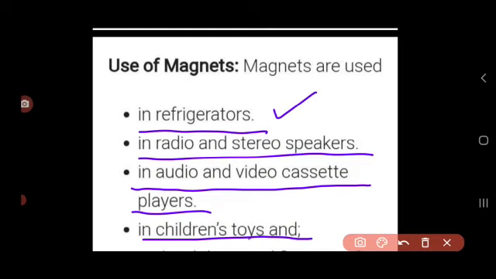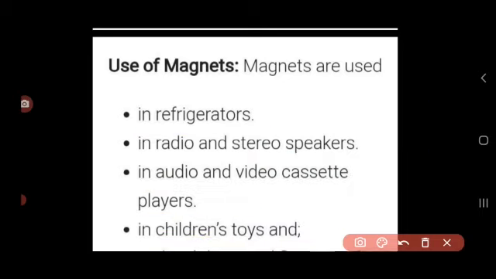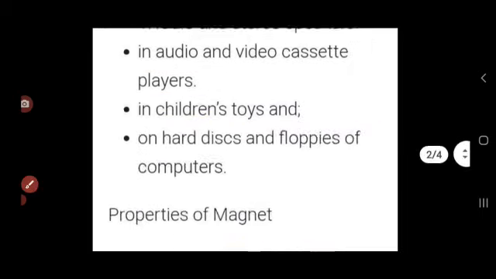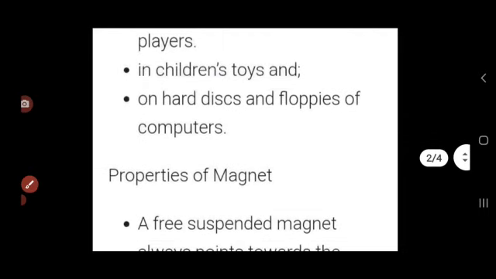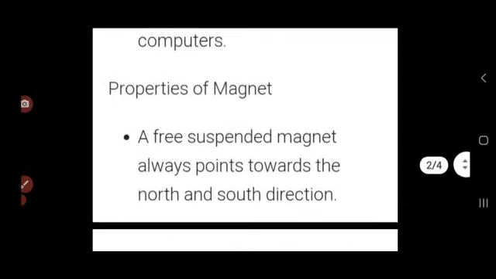Now, the properties of magnet. First one is directive property. A freely suspended magnet always indicates north and south direction, and this property is considered directive property because this property is utilized to show the direction.